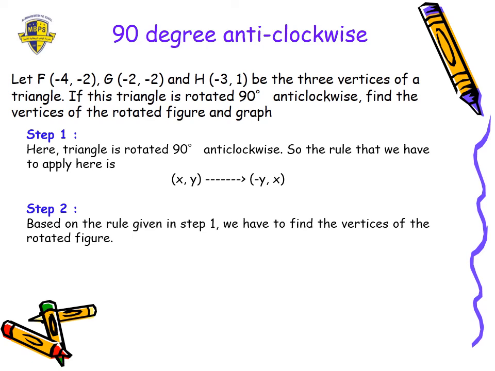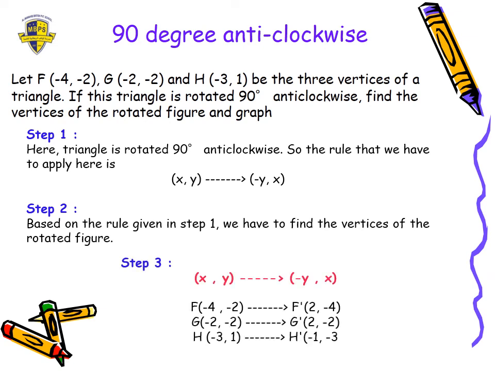to rotate our vertices, and here let's apply the rule. Point F minus 4 minus 2. Let's change the places. It will be minus 2 minus 4. Change the sign of Y, so minus 2, 2, and this is 2 and minus 4.